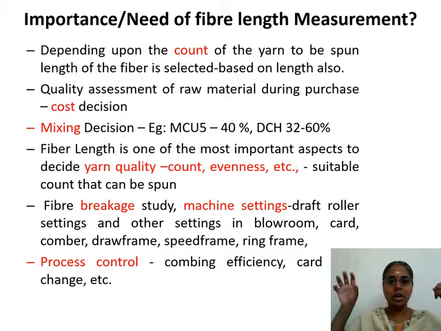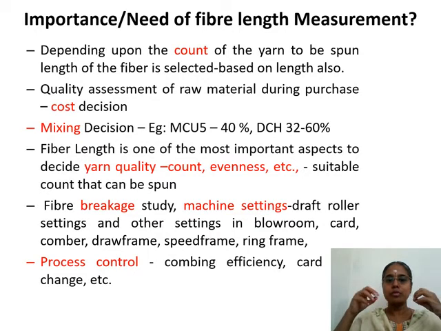For a count to be spun, the fiber is selected based on its length also. There are other properties which you have to test, but the important parameter is fiber length. So you decide which fiber length is required. You will have 2-3 varieties of cotton. You will not use a single fiber variety for spinning yarn.